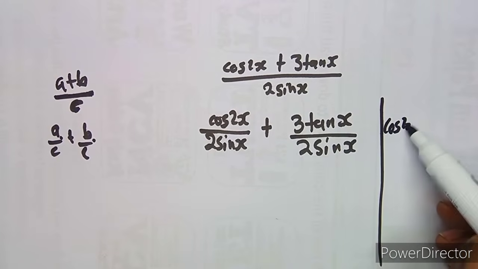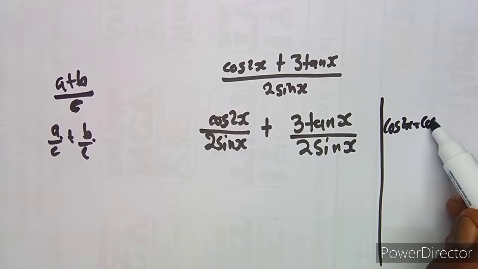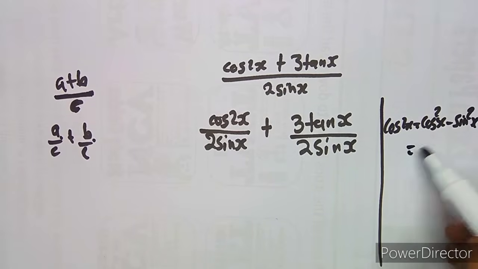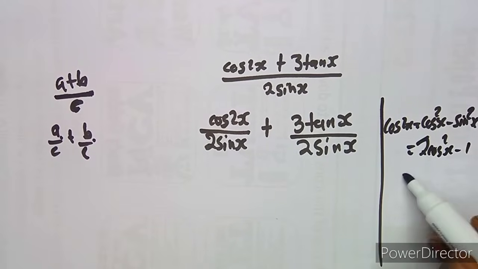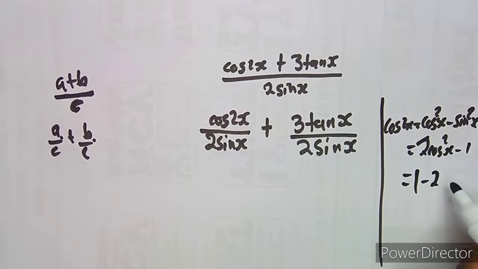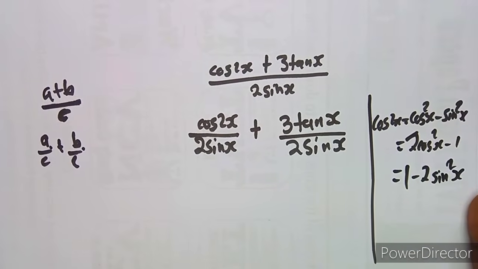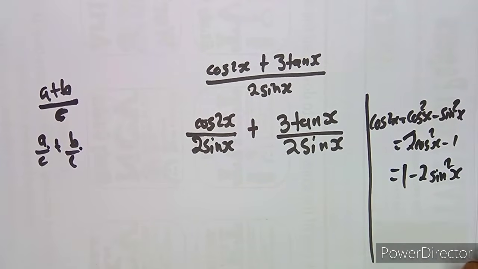Cos 2x is equivalent to cos squared x minus sine squared x, also equivalent to 2 cos squared x minus 1, also equivalent to 1 minus 2 sine squared x. So these are the three identities that we have, and of these three, which one can I choose?